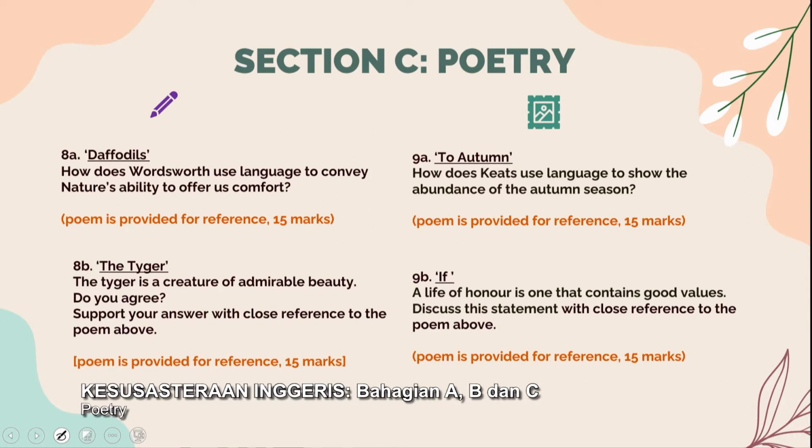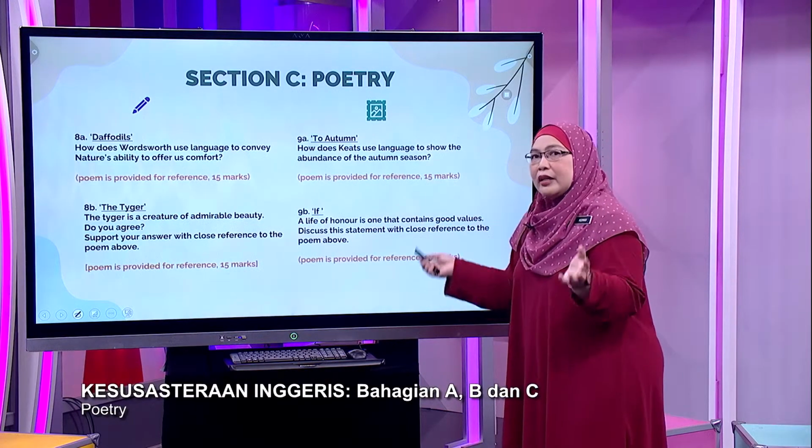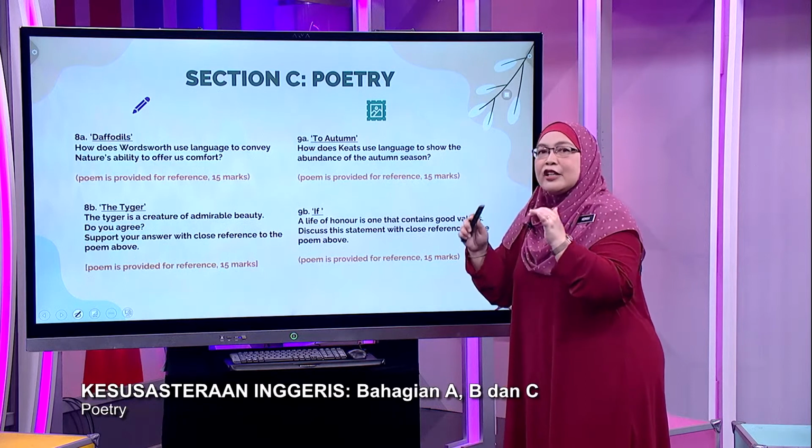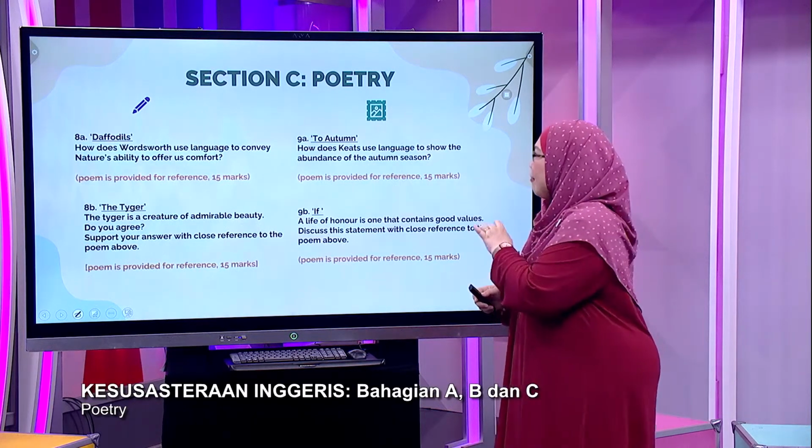It's very clear that the requirement of the task cannot run away from candidates discussing use of language. So you're going to look at the poem given, and you're going to throw in everything that you feel is appropriate for discussion. We're going to go there very soon.